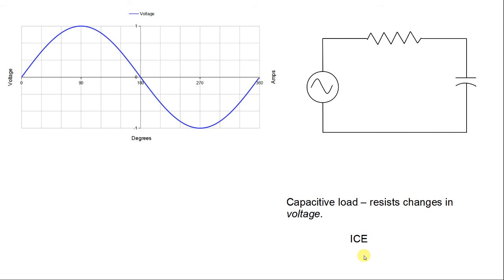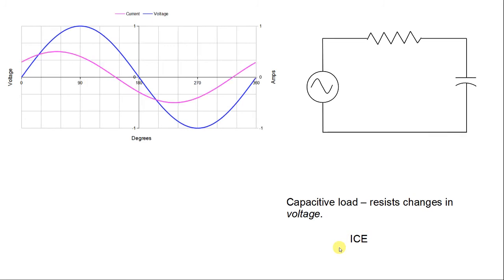Either way is correct. So with knowing this, let's plot the current up here on the graph. Now, with the same voltage waveform, I have a current waveform that is leading that voltage waveform. So here I have current that is already above 0. They're not passing through 0 together.